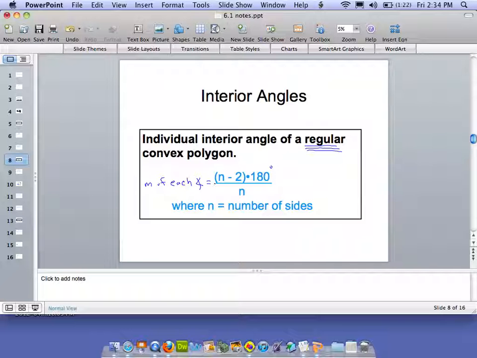And then we just divide by the number of angles that we have. So we're dividing by n. N is the number of sides. It's also the number of angles. If you have a 4-sided figure, you also have 4 angles. And these formulas are important, and I will expect you to get these memorized.